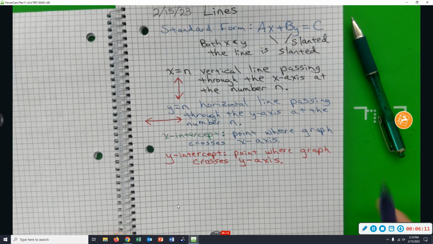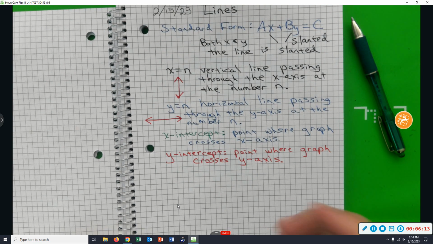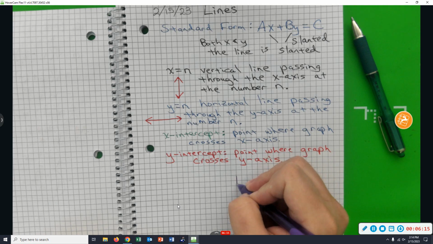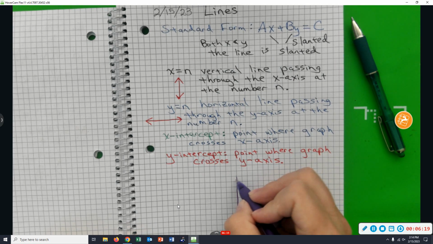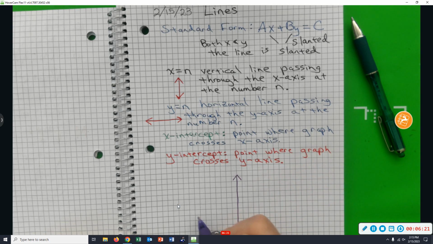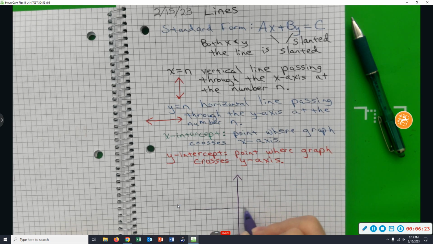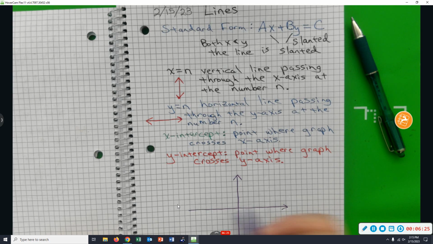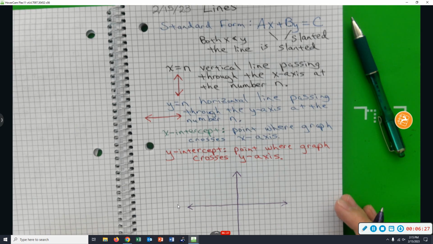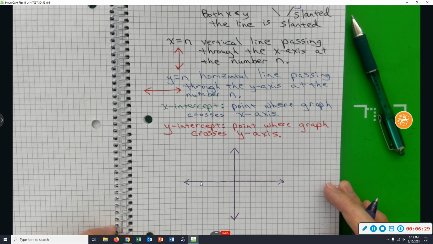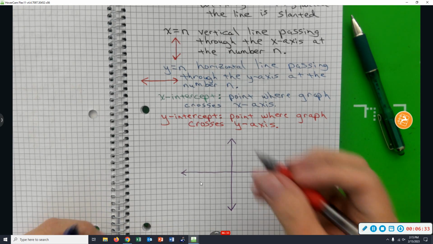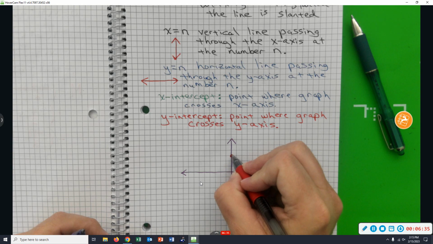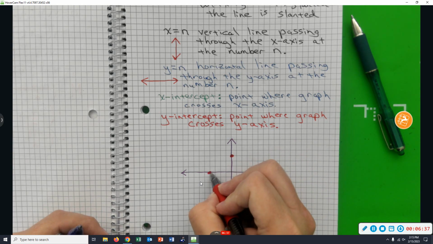And I'm going to draw a graph, just a general graph. Here's my y-axis, here's my x-axis. And I'm going to make this a slanted line, here and there.